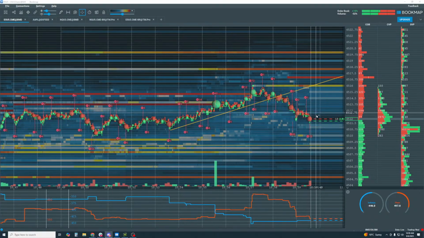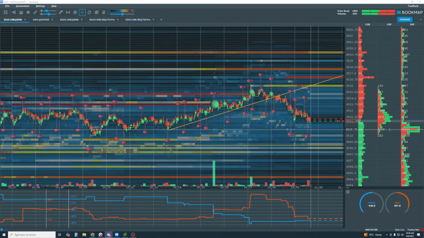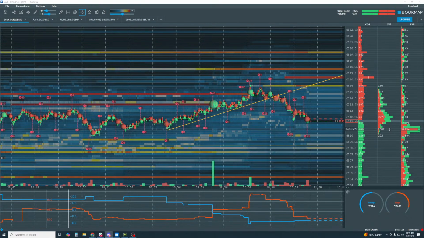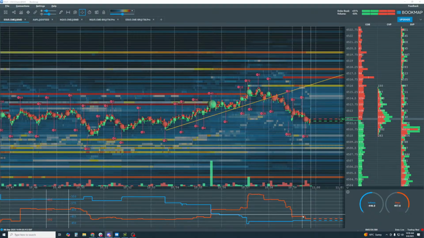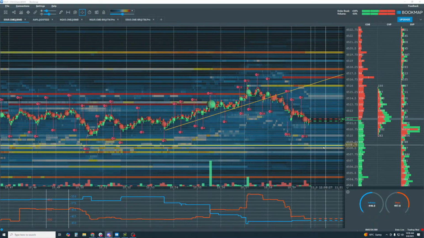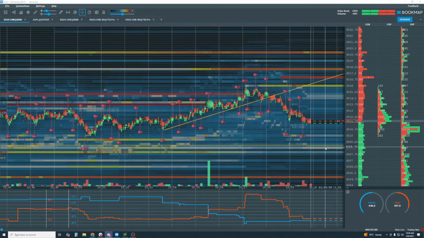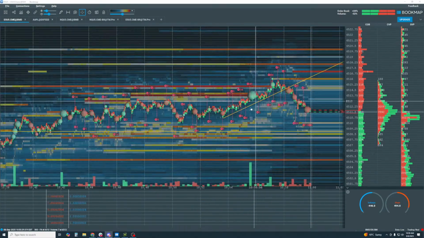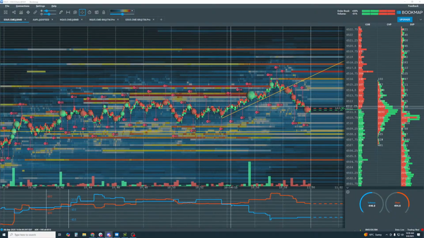If they don't, then look for the next level. We've got a high volume node at 10 or 1075, but we've got kind of bottom of the range, and we've already had a bunch of stop runs to the downside. Maybe we can get down to 10 or 8.5 here. I like this 8.5 area down here.